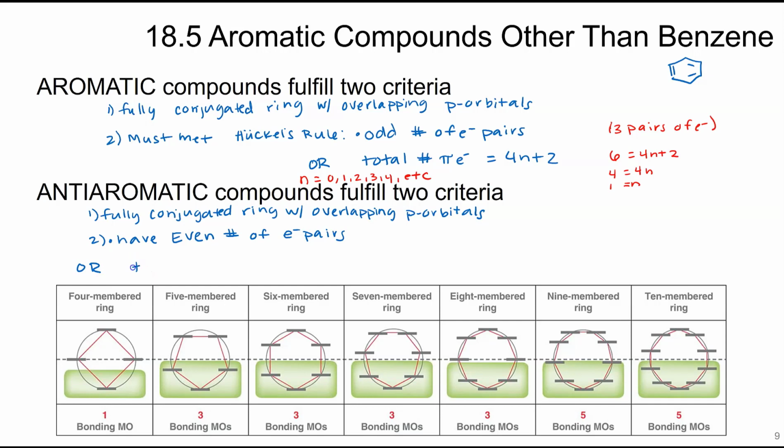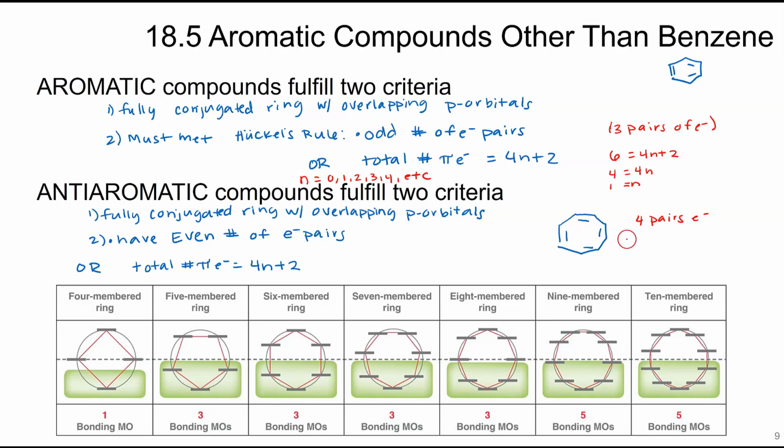Or the total number of pi electrons equals 4n. So in the case of cyclooctatetraene, this has 4 pairs of electrons, which makes it anti-aromatic.